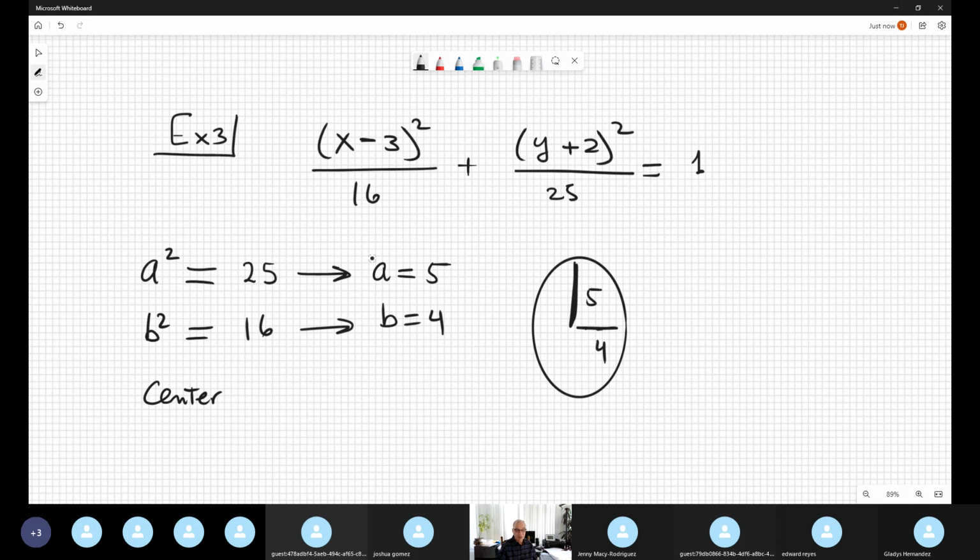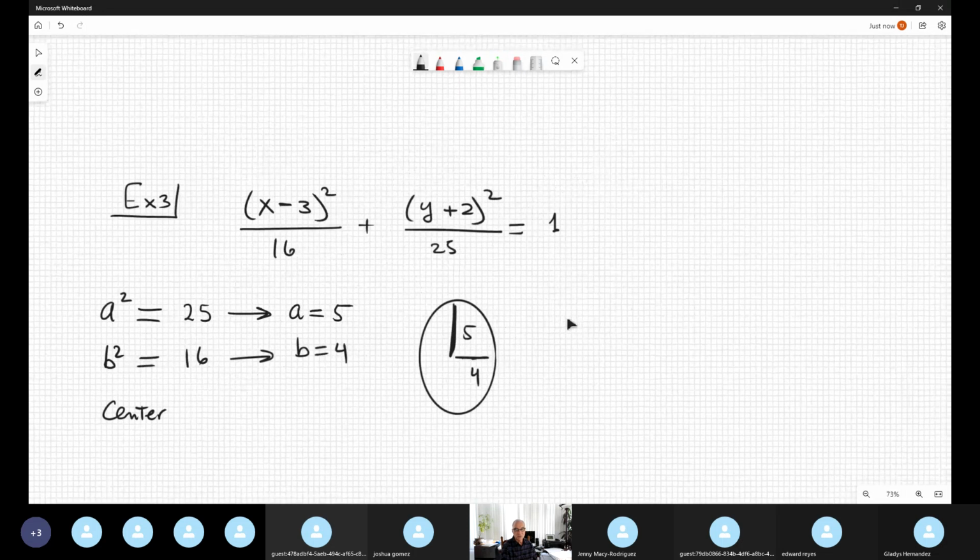Okay, and remember, very similar to the thinking we do in circles. When you study circles, you know, the center is located by comparing this equation with my general equation.